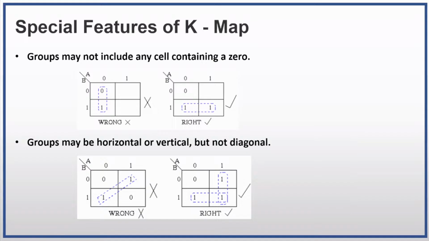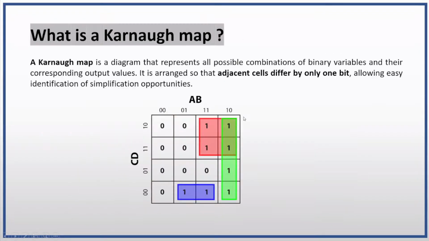In some cases we use X, which I will explain later. Normally we draw a Karnaugh map like this, and each cell represents an output, and we have to group the ones.